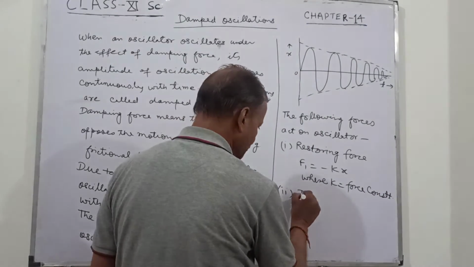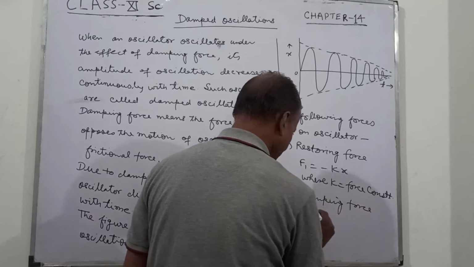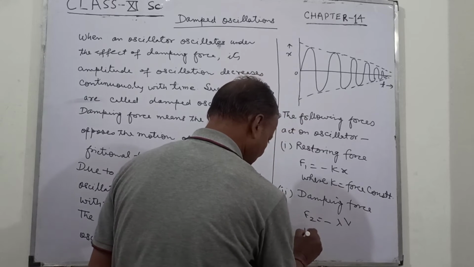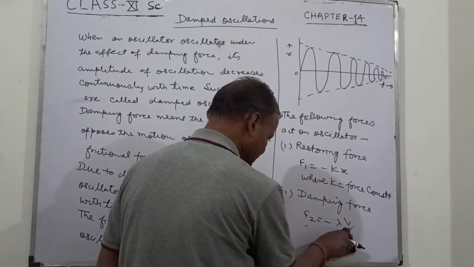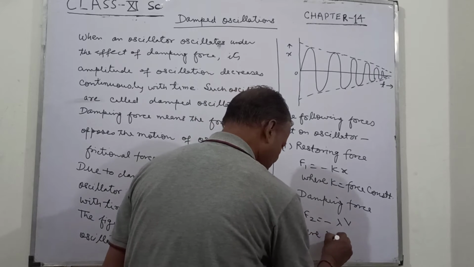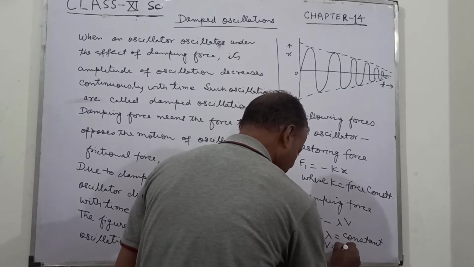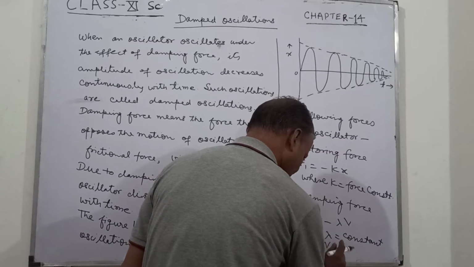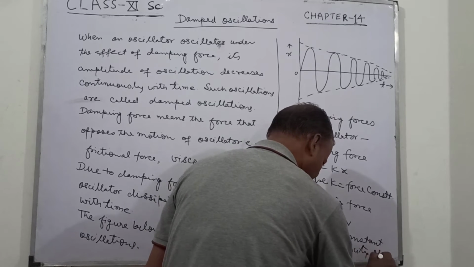Second, damping force F2 equal to minus lambda V, where lambda equal to constant and V is the velocity of the oscillator.